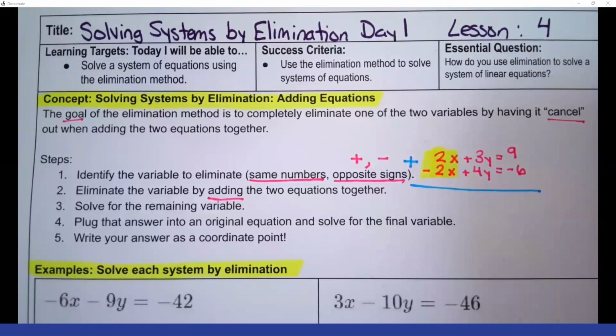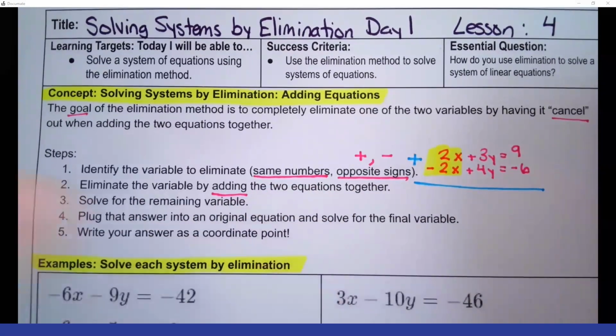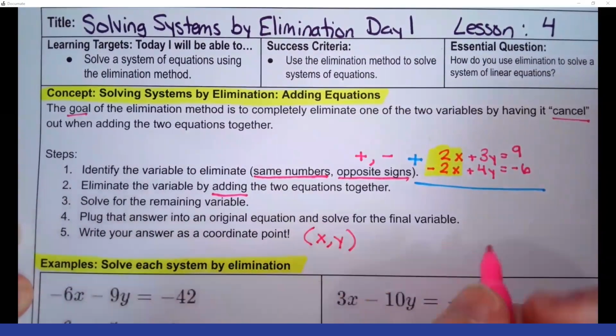Then whatever variable is left, which would be y here, we're going to solve for the remaining variable. Once we solve for the remaining variable, this is where we use what we did previously with substitution. We're going to take what we solved for, plug it back into an original, and solve for the final variable. And then finally, make sure you write your answer as a coordinate point (x, y).